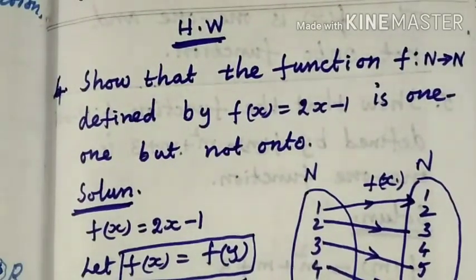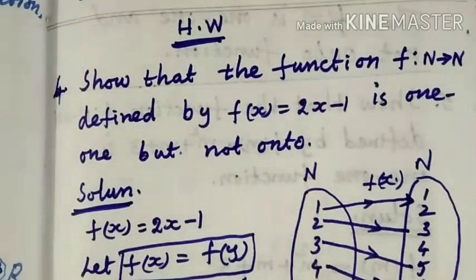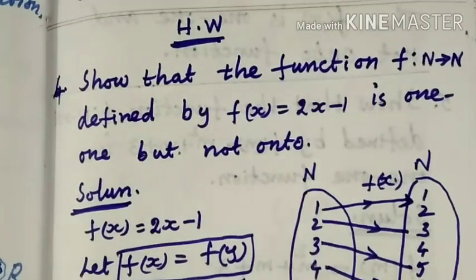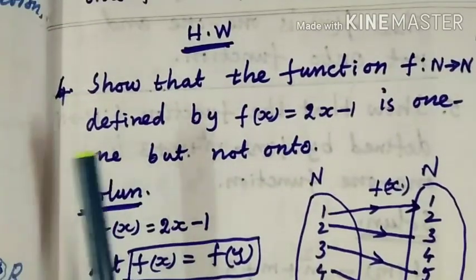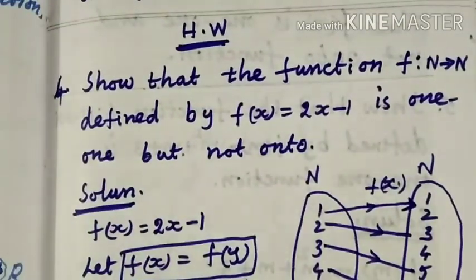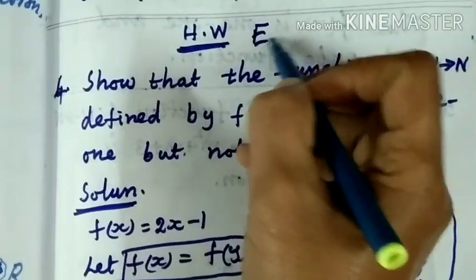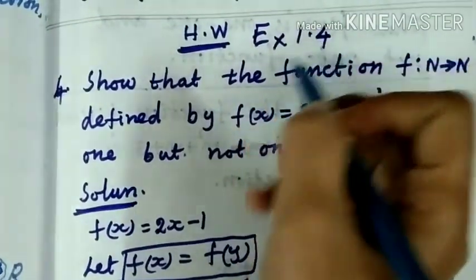Now, we see the homework sum which was given in the previous classes. All of you take that page and correct it. Fourth sum in exercise 1.4.